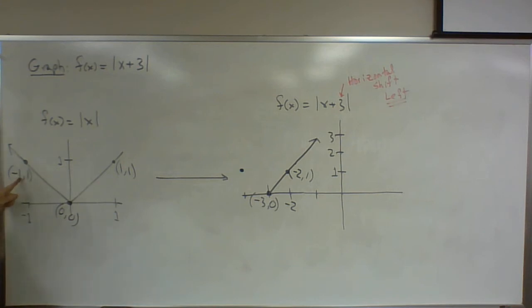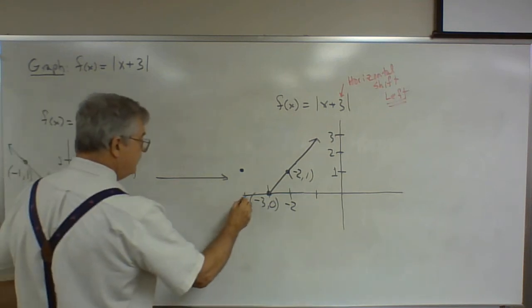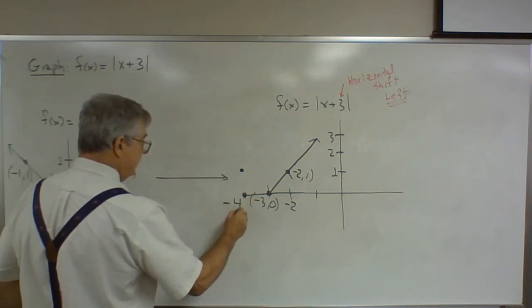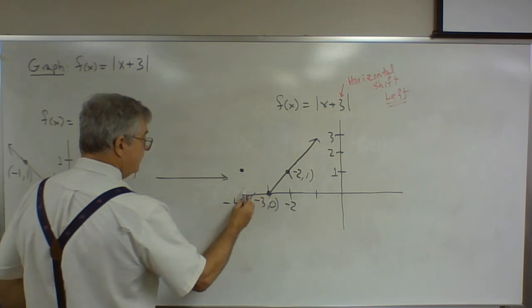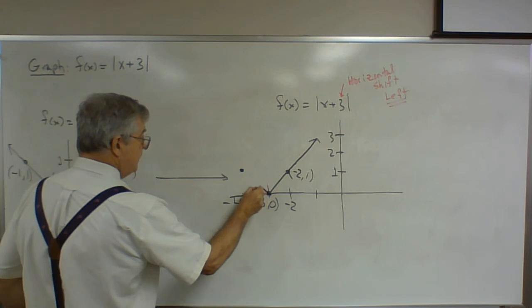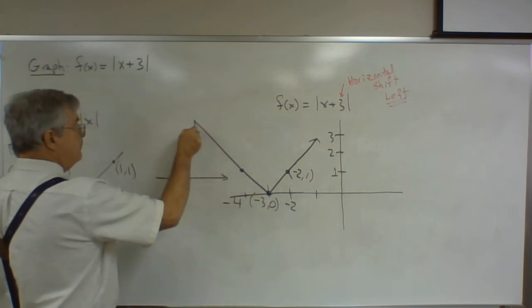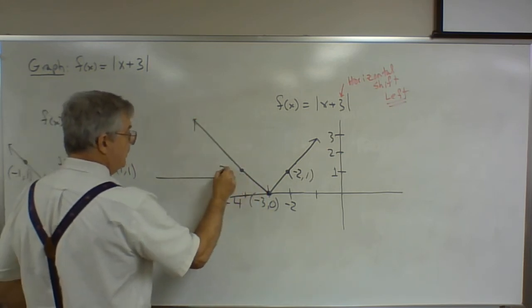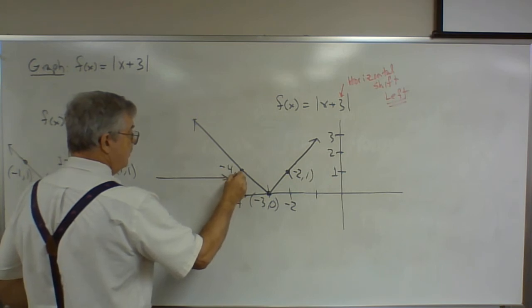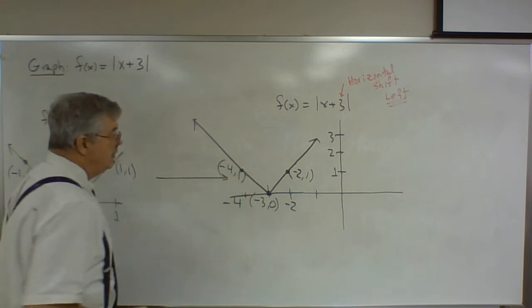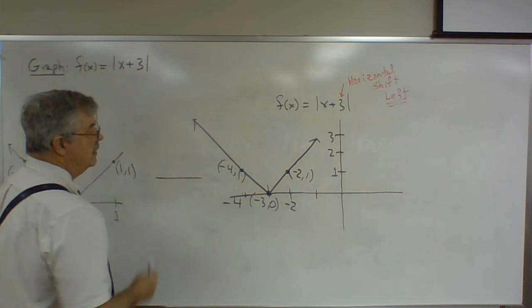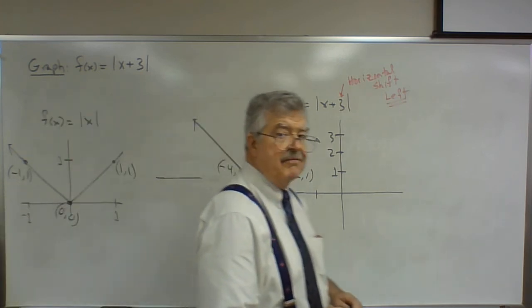So we start at negative 1 and go 3 units to the left. That's negative 4. And there's our new graph.